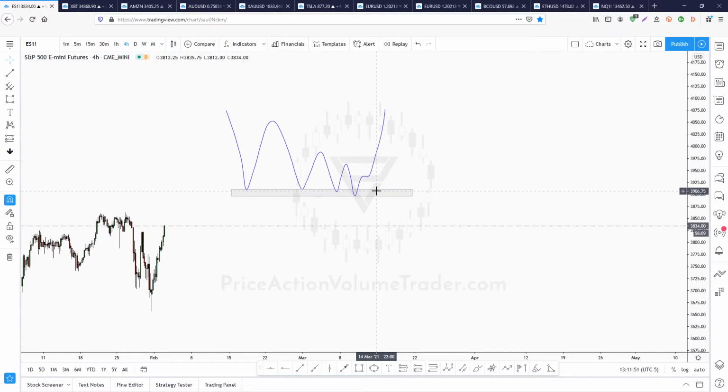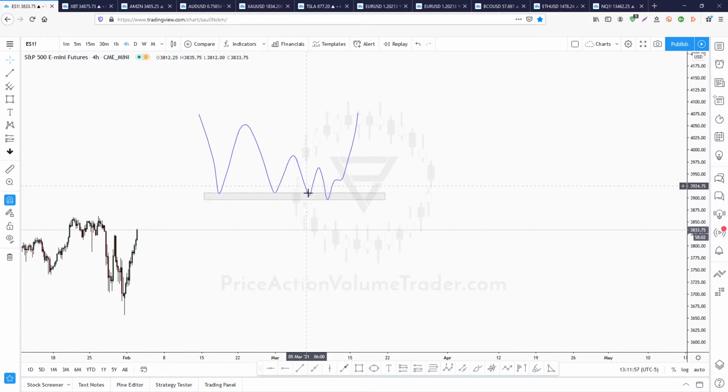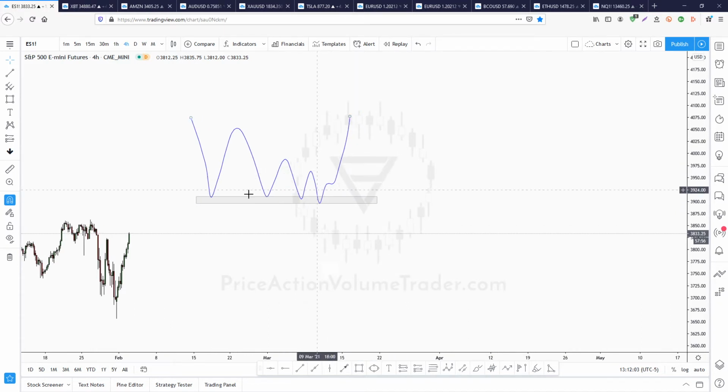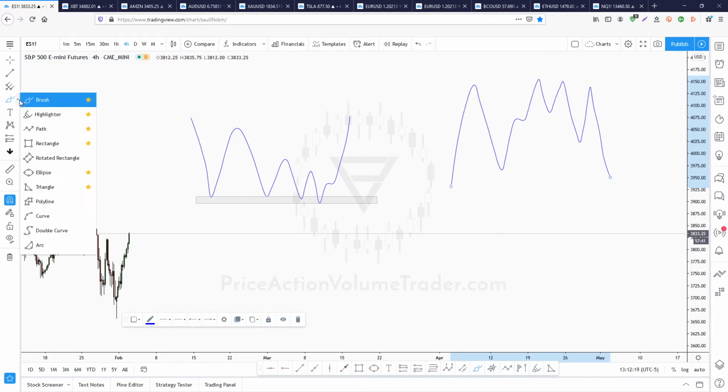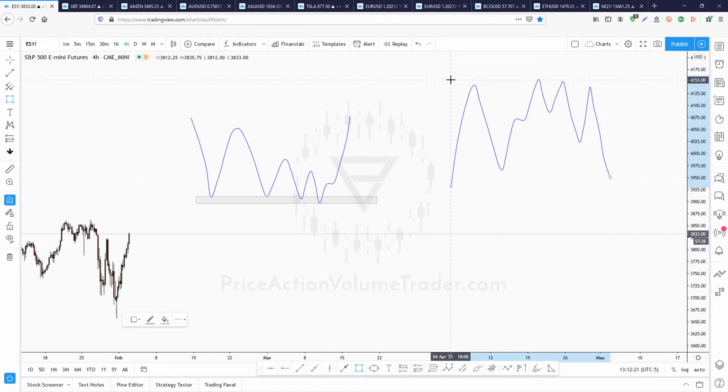Now keep in mind, levels do not always have pinpoint accuracy. You're going to see levels that sometimes get exceeded by a little, but price may come back, so we need to see this overall as a zone. The same is true for resistance. Resistance would be a level where price comes back over and over, and it just cannot get through.